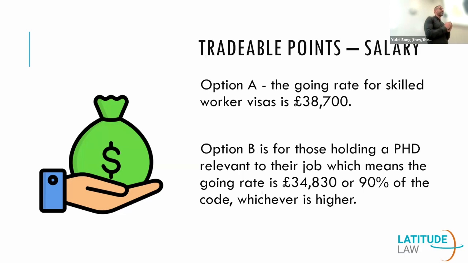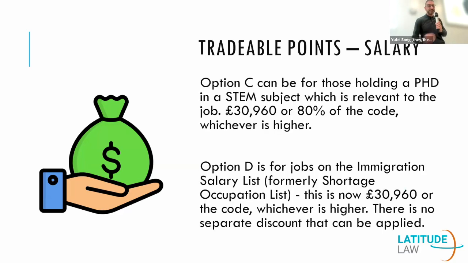Instead of being paid 38,700, they're paid 34,830, or they could be paid 90% of the going rate for the role. So as long as they're paid 34,830, or depending on what the going rate for the role is, they could be paid 90% of that, whichever is higher. So that's for PhD equivalent jobs, or those who have PhDs.